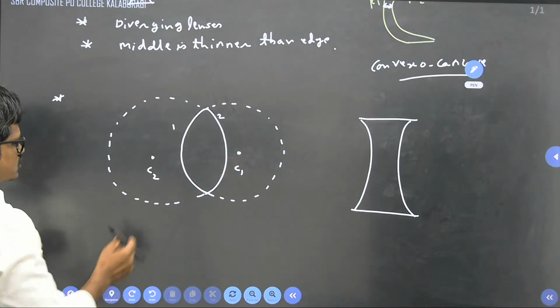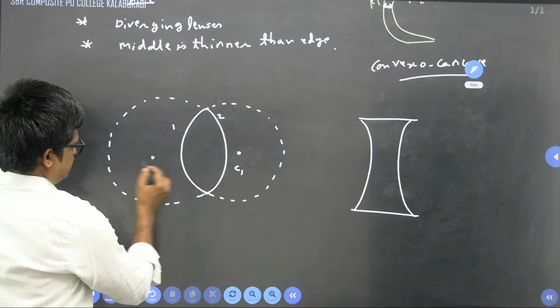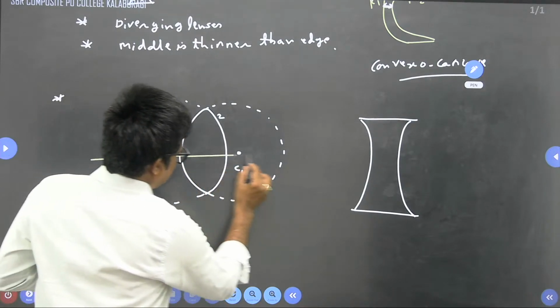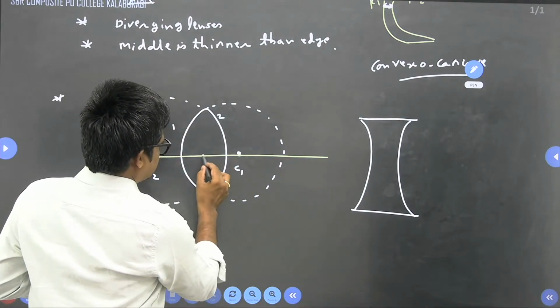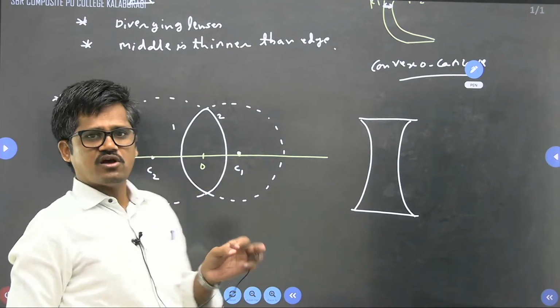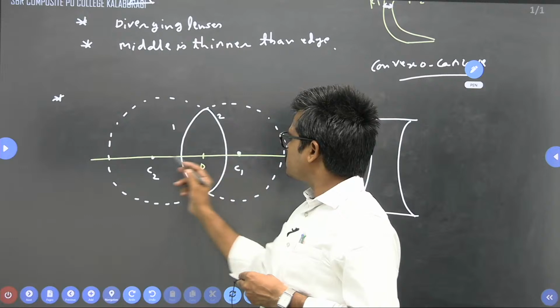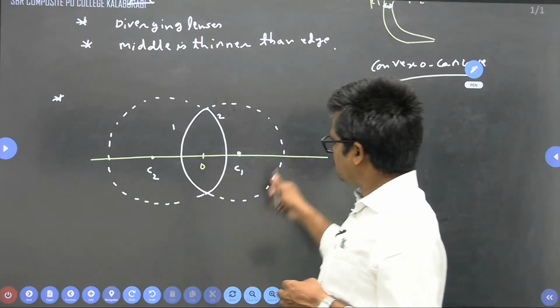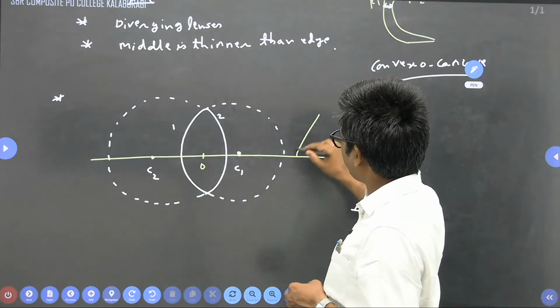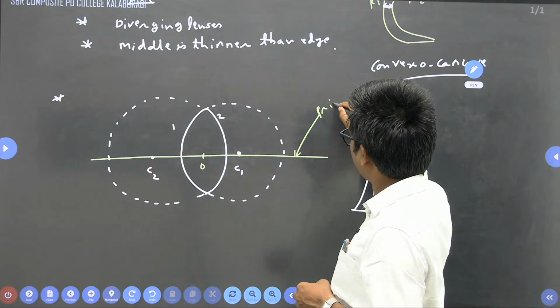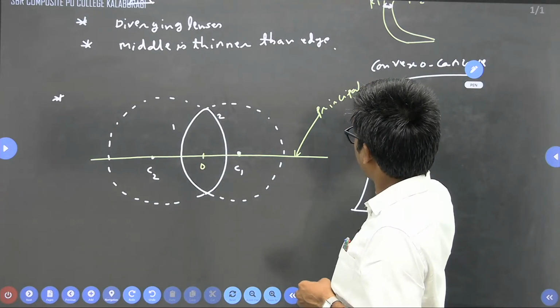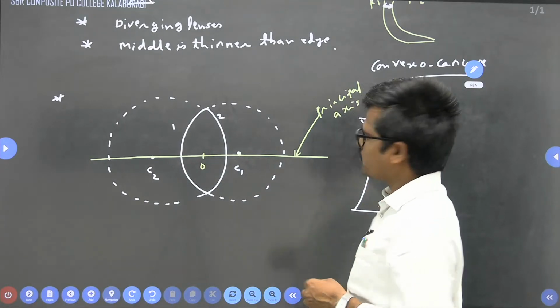Right or not? So the line joining them and passing through one more point, the optic center O. So the line joining C1, C2 and the optic center, this line we call the principal axis. Principal axis.